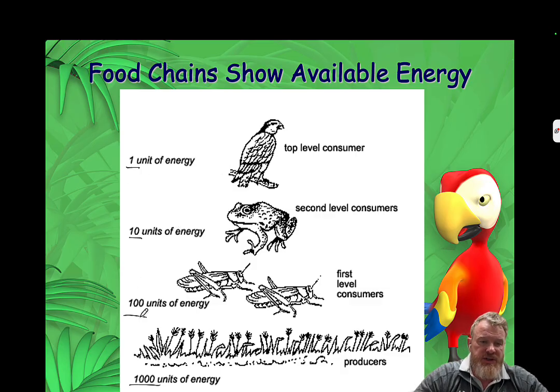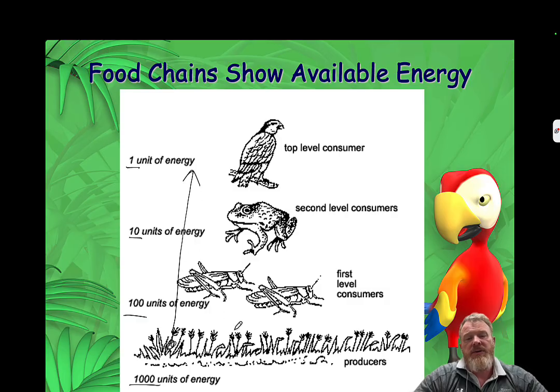We have energy that starts on the bottom, and it flows up. One thing I do want to draw your attention to is you'll notice how many plants it takes just for the grasshoppers. You notice how many grasshoppers it takes just for the frogs. And honestly, we should probably have a couple more frogs here too for this top order consumer, because as we go up each level, some of that energy is lost.